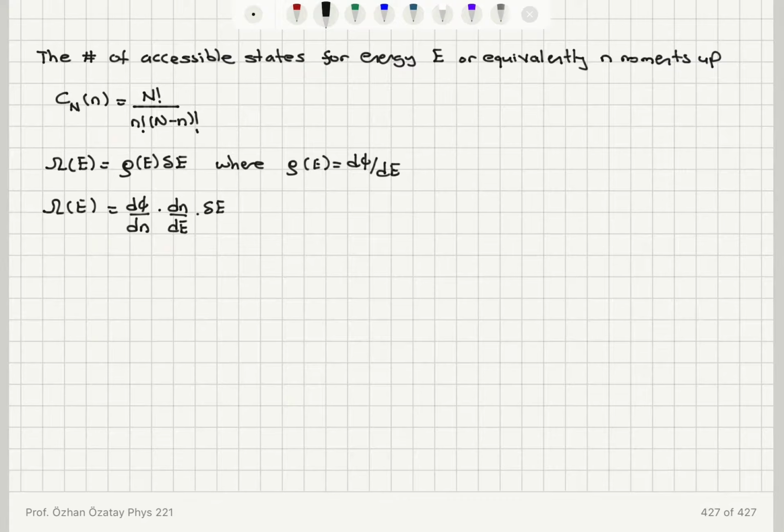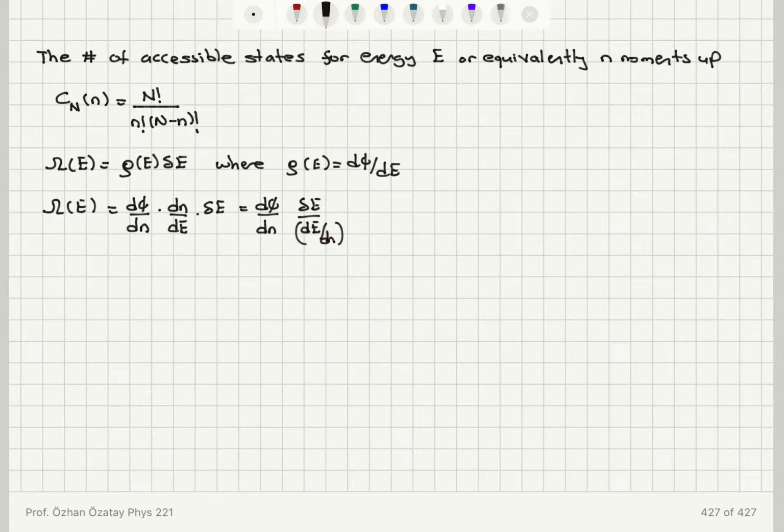So it's quite clear that I'm interested in d phi dn, the number of accessible states for a certain n range, multiplied by delta E divided by dE dn.